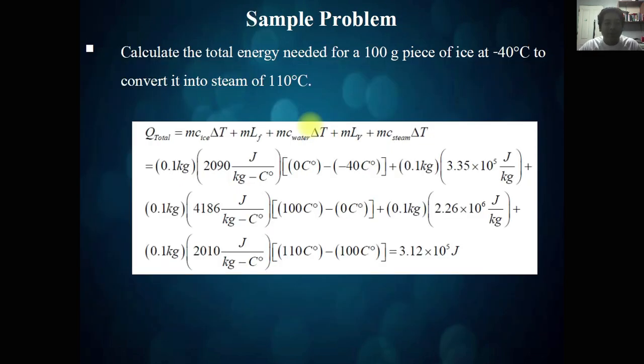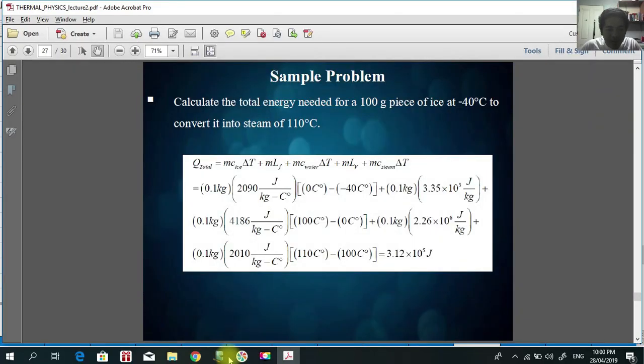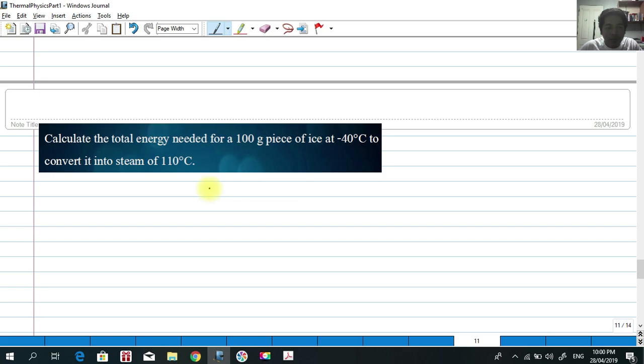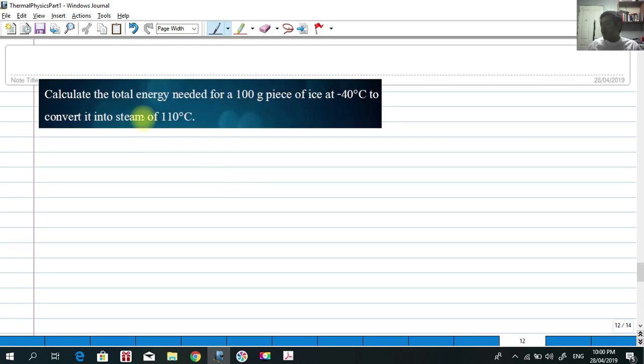So, for our last problem, I've copy pasted it in our notepad. Calculate the total energy needed for a 100-gram piece of ice at a temperature of negative 40 degrees Celsius to convert it into steam.